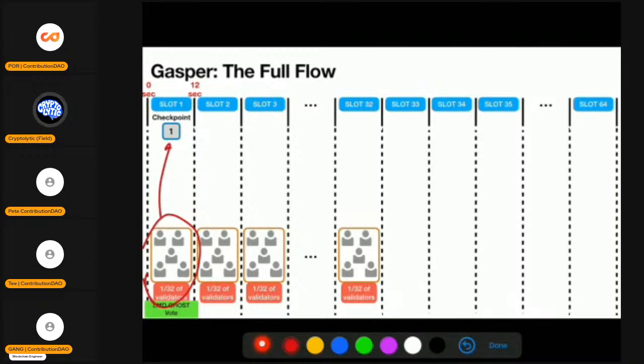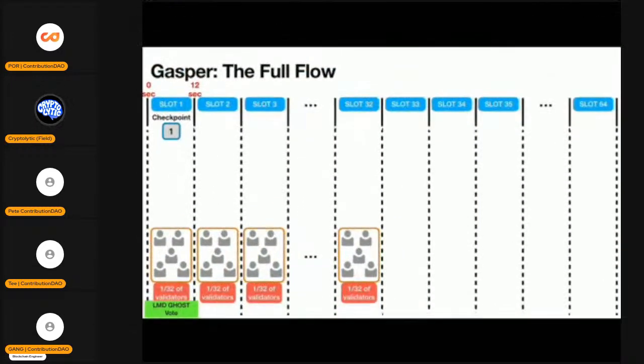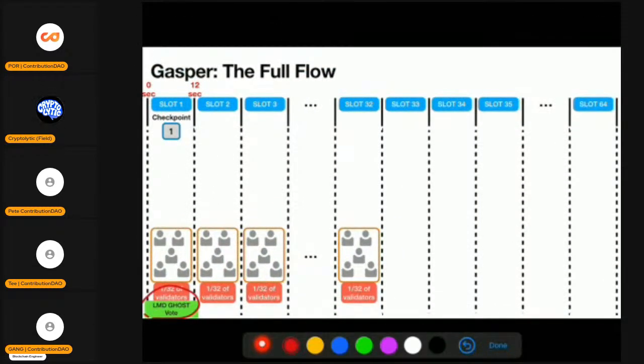First it makes the LMD Ghost vote, so you get 5 Ghost votes here, and then it also makes the Casper FFG vote. If you remember, the LMD Ghost is just the fork choice rule, which lets validators choose which fork they have to follow, and the Casper FFG is just a vote that lets the consensus protocol finalize the block or the checkpoint.